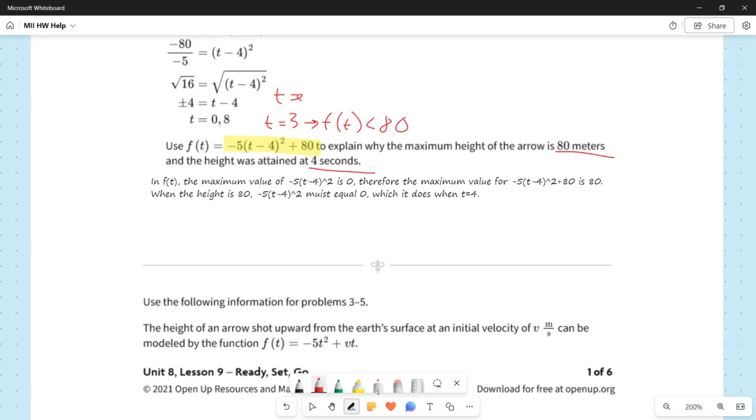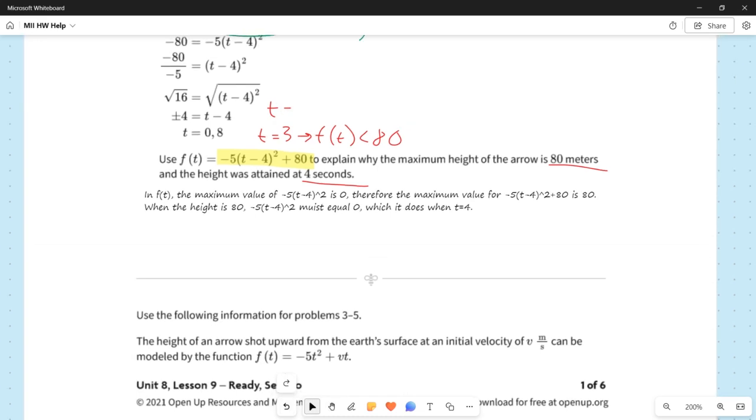If you say t equals 5, that's also going to result in an f of t value that's less than 80. So any value other than 4 is going to give you a result that's less than 80. So the height is 80, and that occurs when 4 seconds have elapsed, because that's just the way this function works.